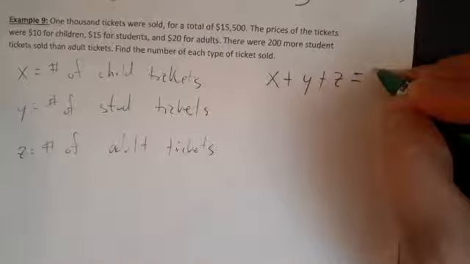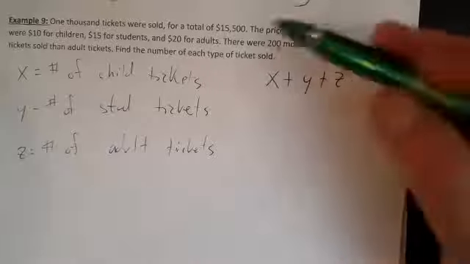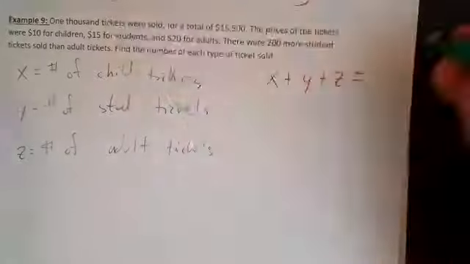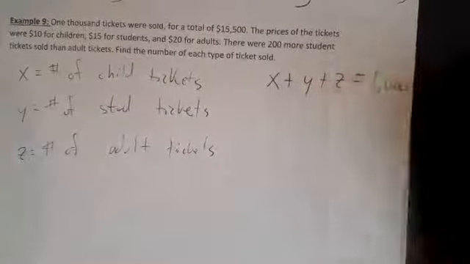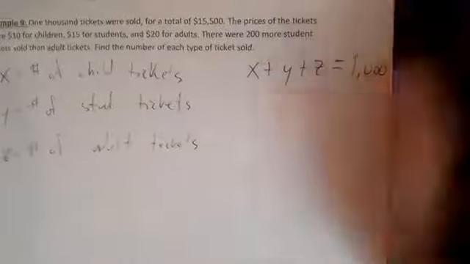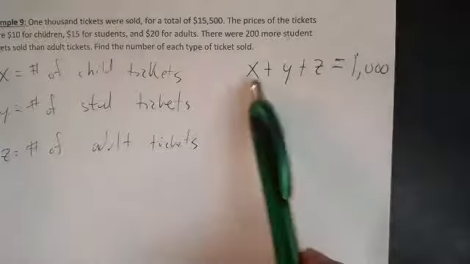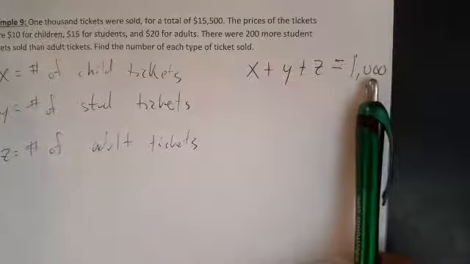Well, there's the money, the 15,500. Oh, 1,000. My bad. And so if we add up all those three, it should give us 1,000. They do mixture problems, what they call mixture problems, and this is kind of similar to that. We have one equation that represents just the raw number of tickets.